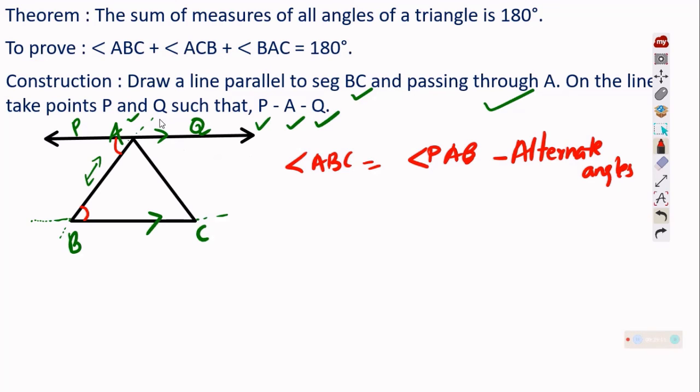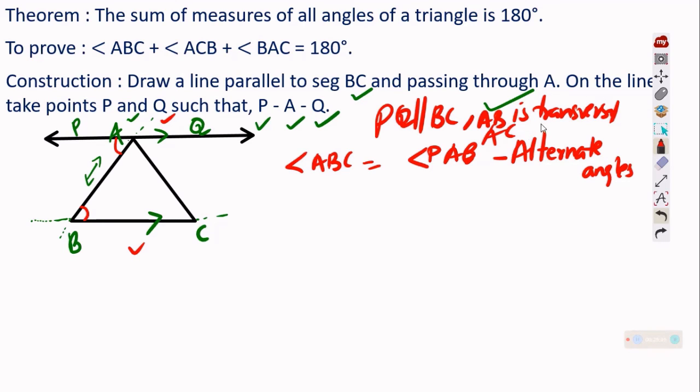Why alternate angles? PQ is parallel to BC and these are alternate angles. AB is the transversal here. PQ is parallel to BC is the reason, and we have AB as the transversal. This is our consideration. The same way AC also.